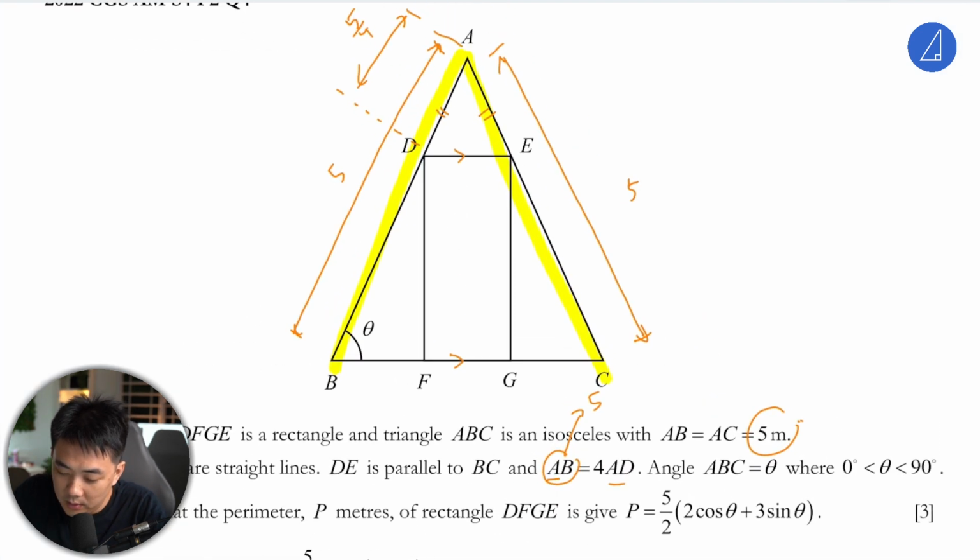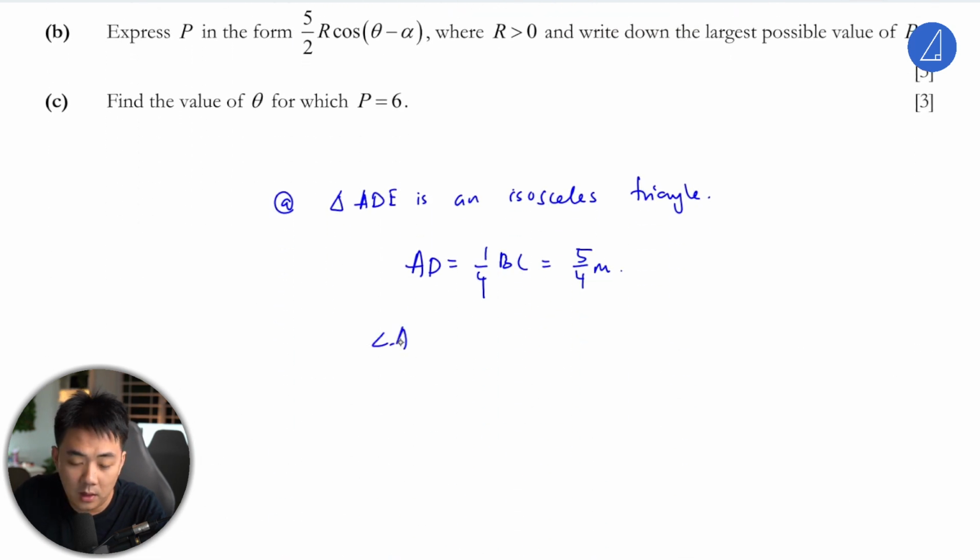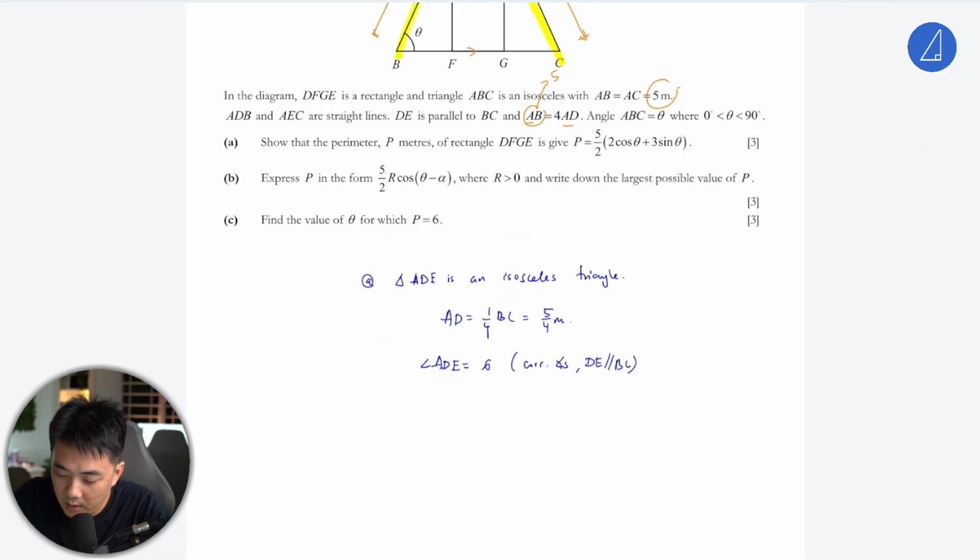Okay, great. So in this case here, this is a corresponding angle because it's parallel. So this is also theta. Angle ADE is also theta. Corresponding angles, DE parallel to BC. Okay, that's it.